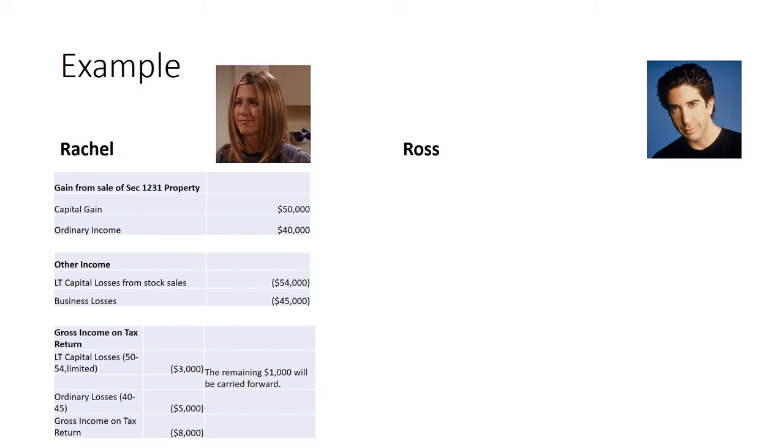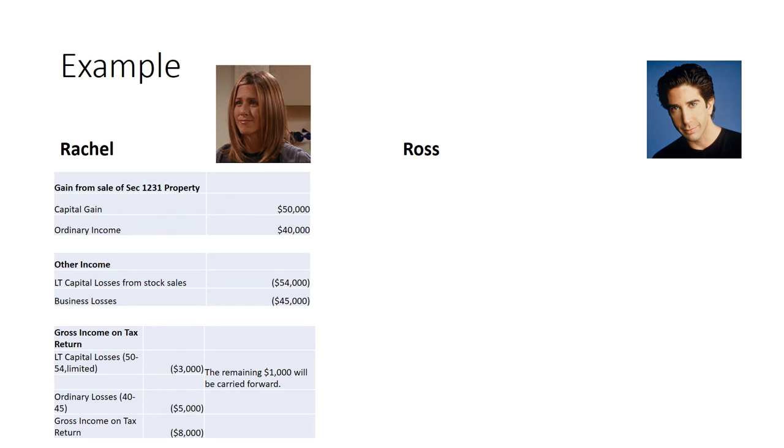She is going to have long-term capital losses of $3,000. Now, where did that come from? We took her capital gain of 50. We subtracted the capital losses from the stock sales because they have to be netted capital to capital. And so you come out, of course, with a negative 4,000. However, it's limited to taking a loss of 3,000 in any one year.